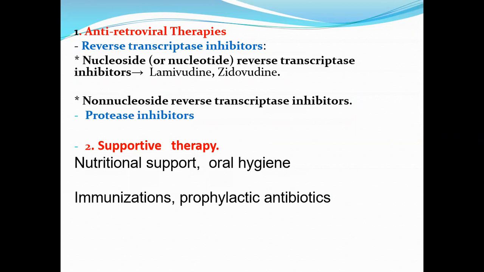Avoid contact with farm animals due to risk of cryptosporidium, and avoid playing or contact with pets, especially cats, due to risk of toxoplasmosis. This instruction is important for the family to decrease risk of opportunistic infection.